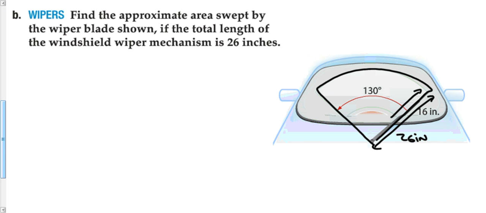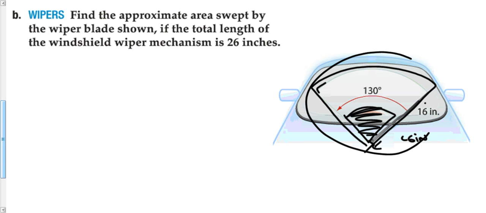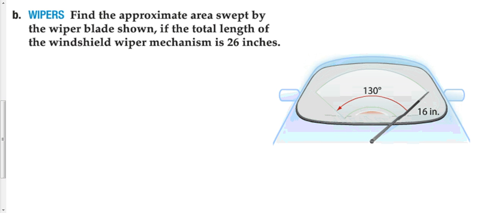So the area swept by the wiper blade is the difference between the areas of sectors. If I found the area of the big one, and then subtracted out this little sector right there, that would give me the area of the windshield wiper. See it?